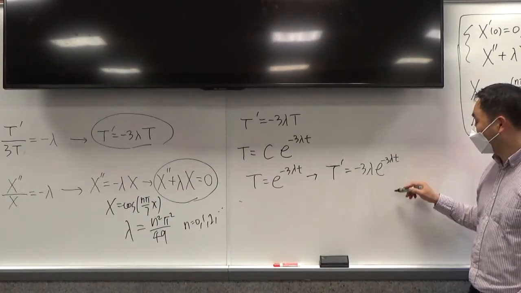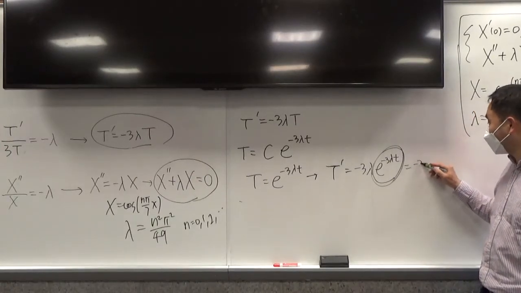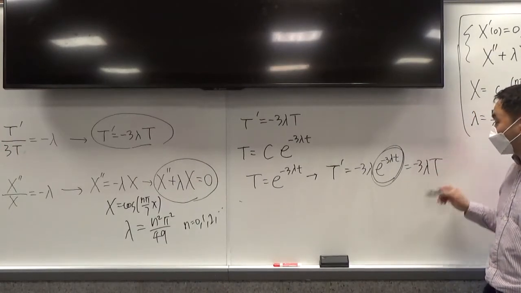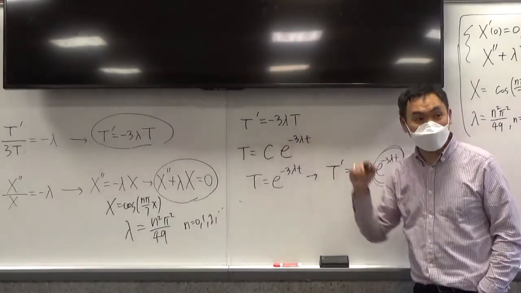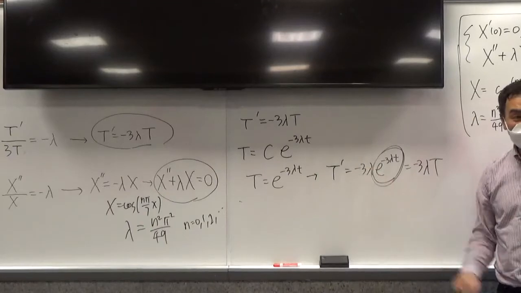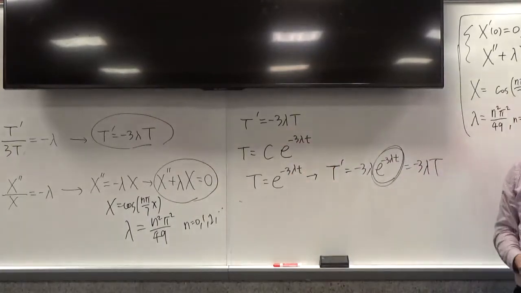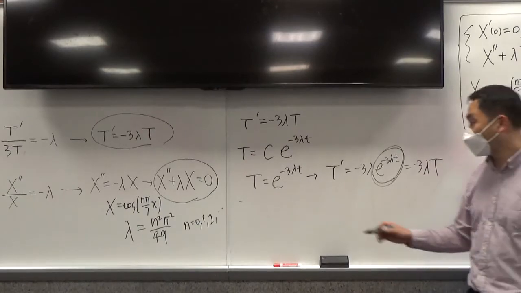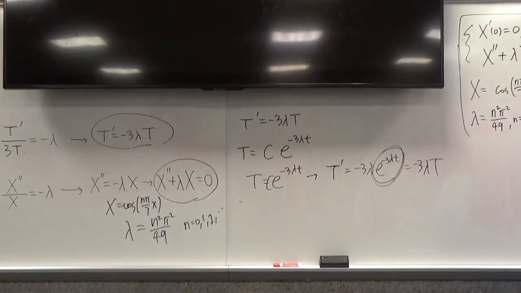But we decided that this is T, right? So that's indeed equal to negative 3 lambda T. So we see that if I plug this into the left side, it's the same as the right side. So that is indeed a solution. And if that's a solution, and this is a linear homogeneous differential equation, any constant multiple is a solution. So that's how I know it's a solution. Okay, so that will be how we guess the solution, which is perfectly fine.